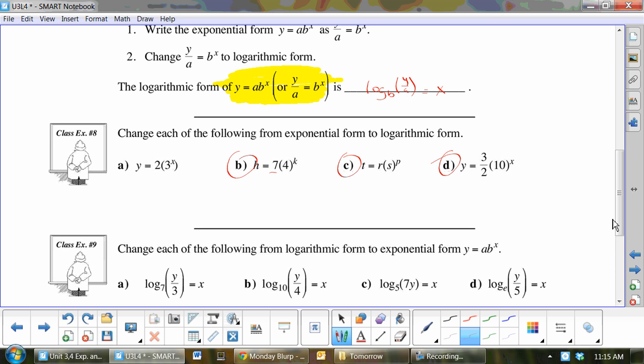You can't take the 4 and multiply by 7, right? Because it's got an exponent locking it up. That 4 is to an exponent k. See, the 7 should belong to the other side. So we should have this before we even write it in log form.